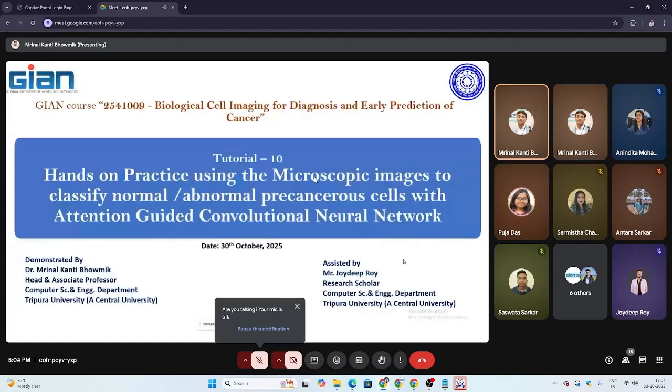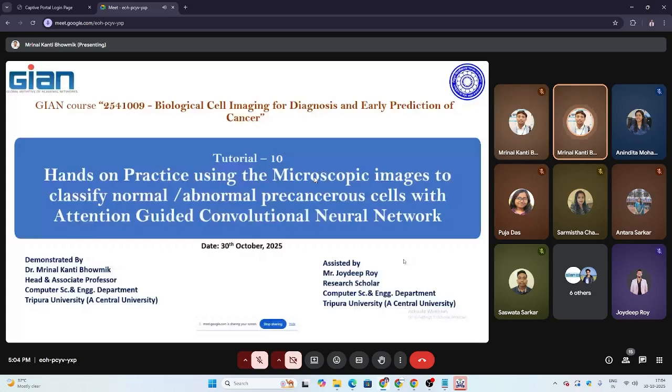Thank you, Mehul sir, for giving me this opportunity to present today's tutorial: hands-on practice using microscopic images to classify normal or abnormal precancerous cells with an attention-guided convolutional neural network. Good evening, everyone.